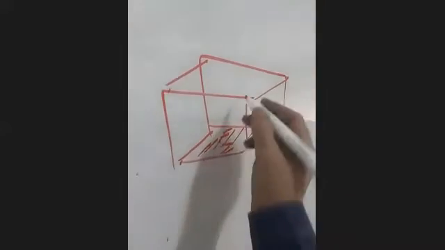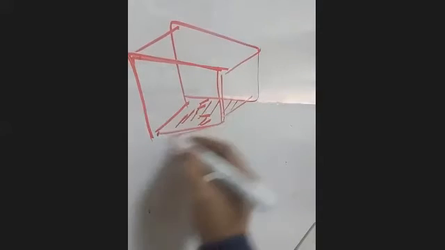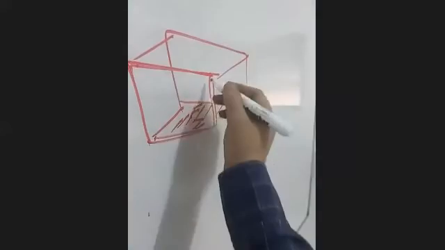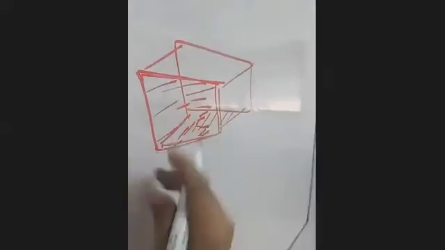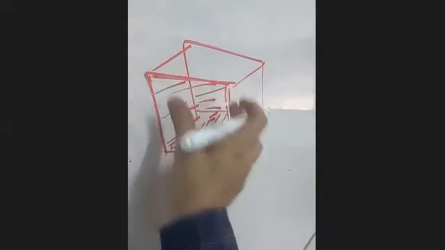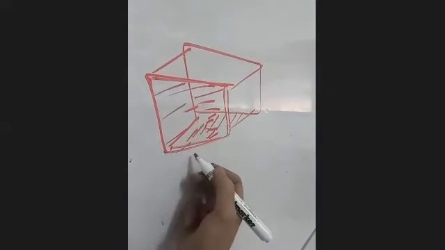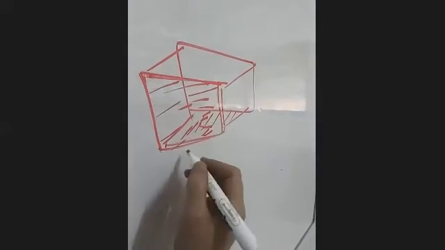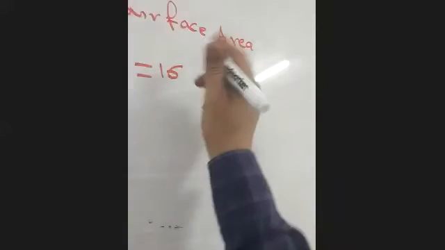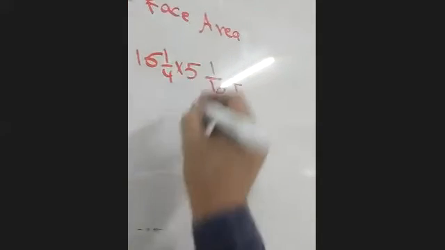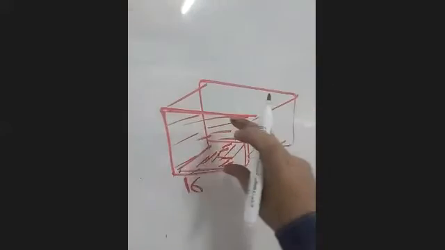We are done with the floor, right? Yes, we are. Now I want this one here, the one which is facing us, this rectangle here, okay? Its length is the same as this length. How much? 16 and 1 over 4. And what's its width here?